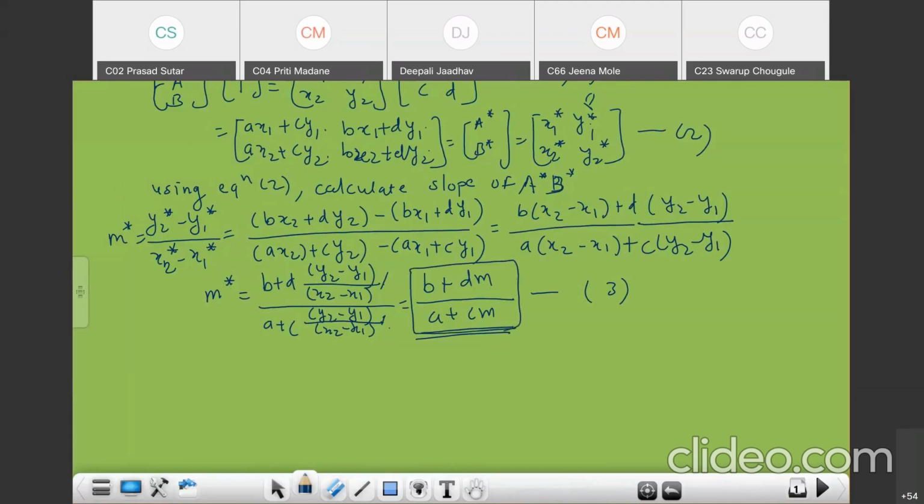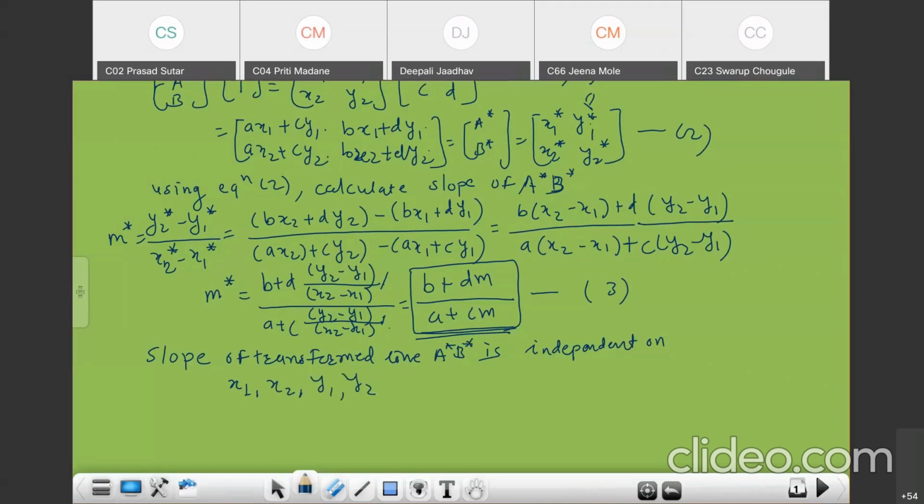What we observe in equation number 3, where we calculated the slope of the transformed line A star B star, is that it is independent of which values?